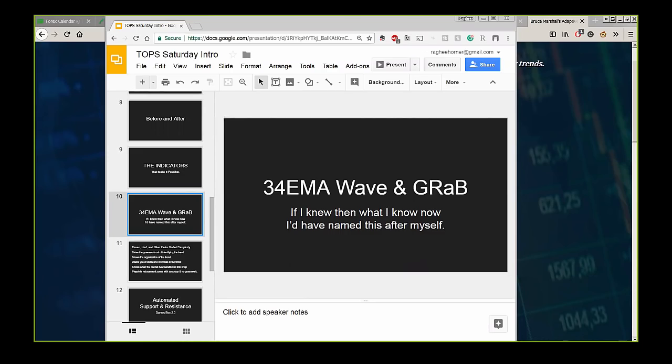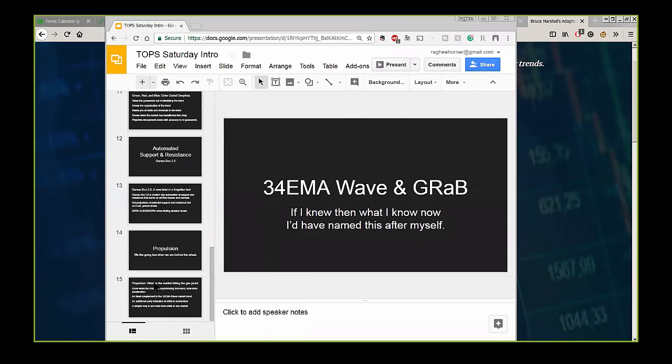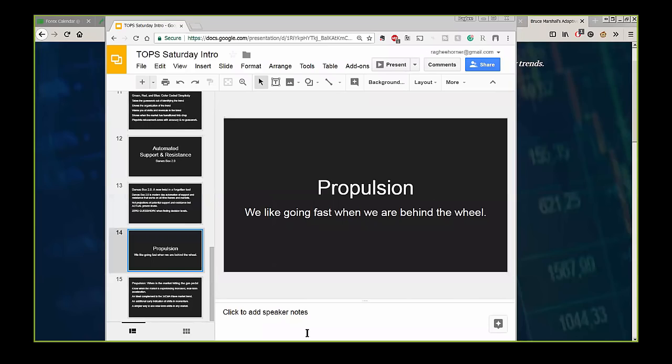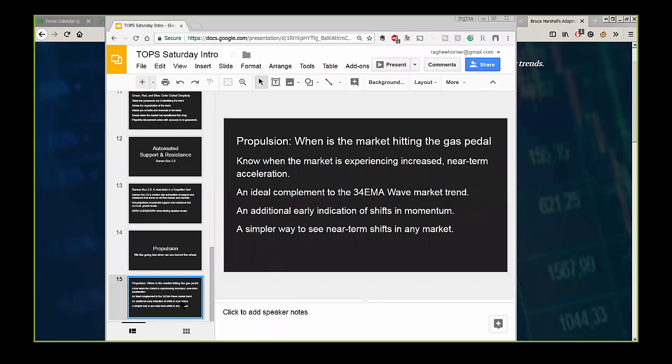The grab are the color-coded candles, and they allow you to visually see if a market's bullish by way of green, bearish by way of red, or neutral by way of blue. And the combination of the wave, the grab, and the propulsion dots is what gives me insight into the speed at which the trend is accelerating, whether or not momentum trades are valid, and how aggressive I can be with the trend.